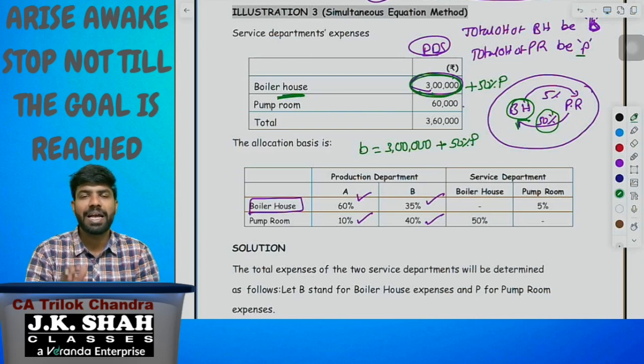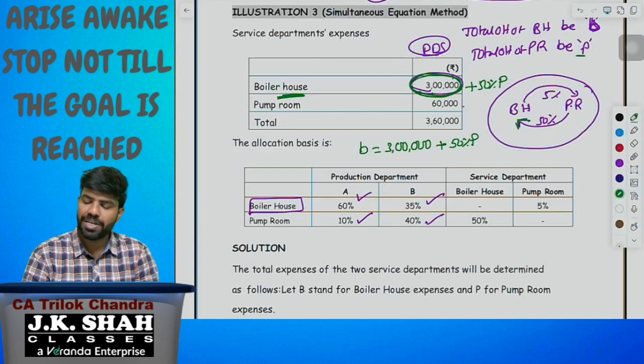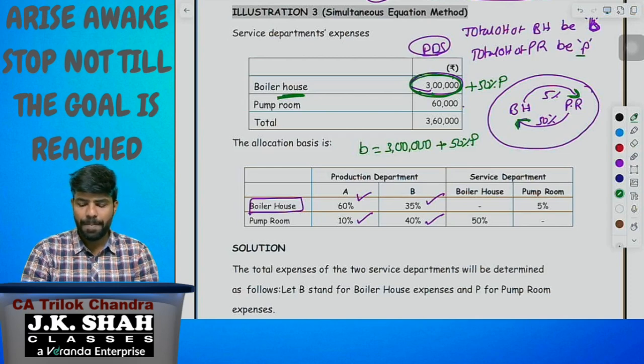I hope you are understanding. Again, I am repeating this. It is worth spending time on this. Try to understand how to form the equations. Boiler house and pump room are two service departments. Here I have written the percentage of sharing. Boiler house is providing 5% service to pump room, whereas pump room is providing 50% service to boiler house. Boiler house is having 3 lakh rupees cost.